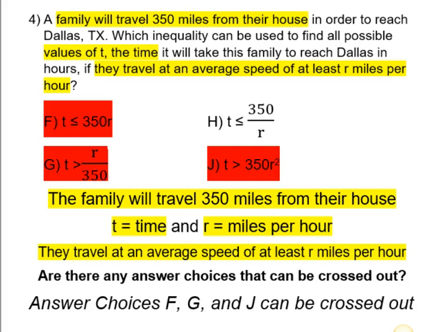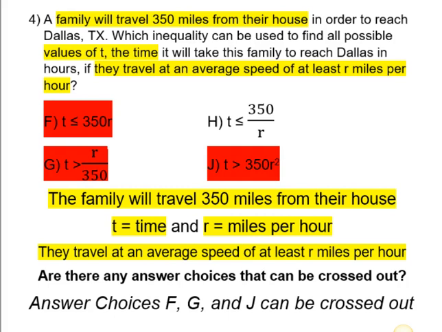Now, the reason that we can cross out G, because again, that last sentence, they travel at an average speed of at least r miles per hour, means that the inequality sign is facing the wrong direction for G. So that's wrong. And also, it's 350 miles per hour, which means the miles should be the numerator and the time should be the denominator.